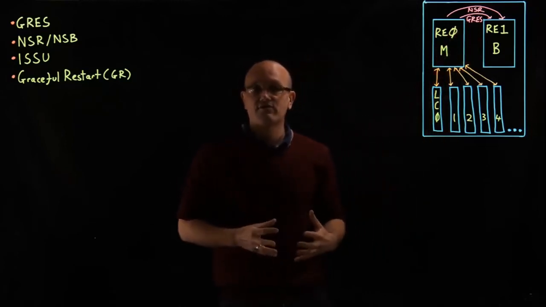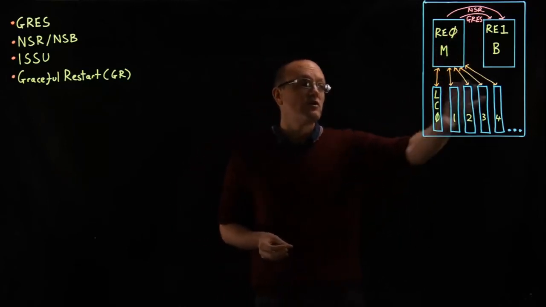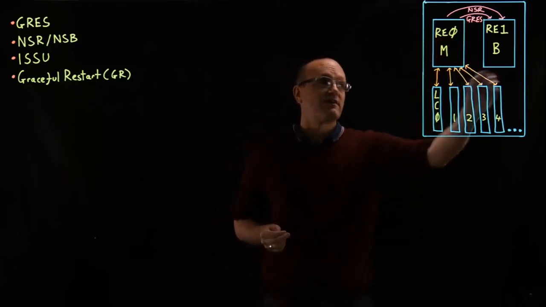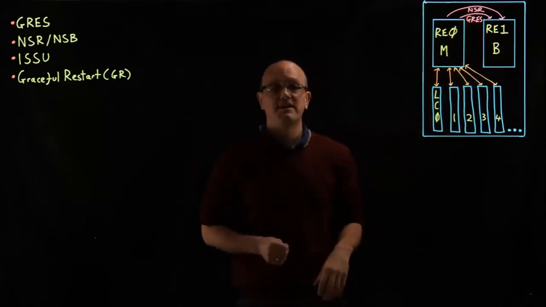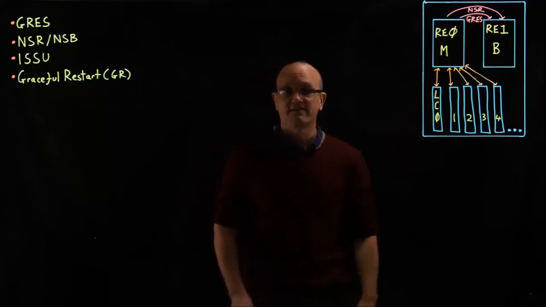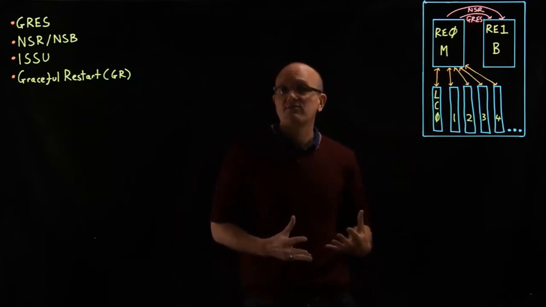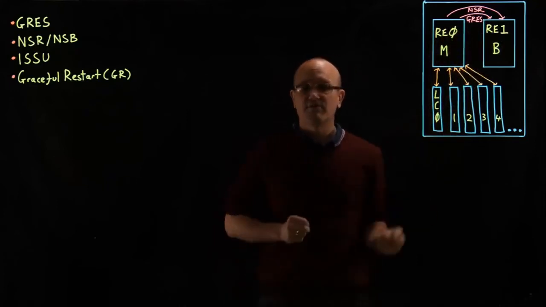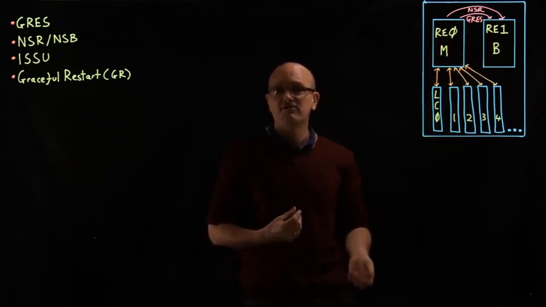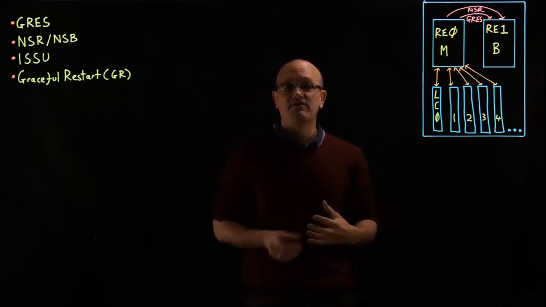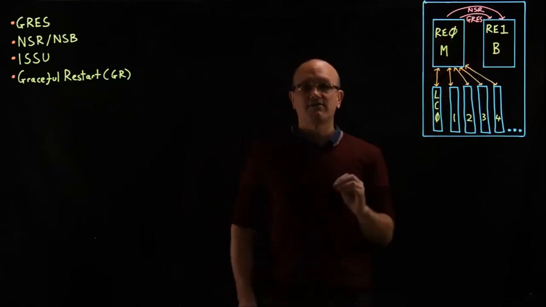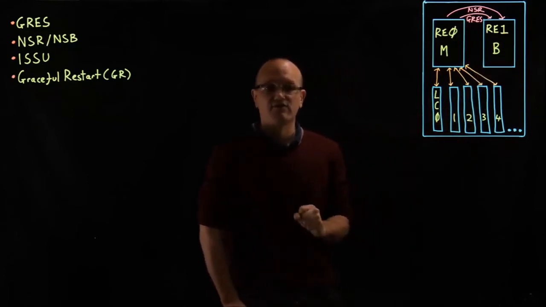We still retain GRES, propagating kernel and interface state from master to backup. And we now have NSR, NSB, propagating control plane state. So your MAC address switching table, all of your routing tables, all of your BGP adjacency information, OSPF adjacency information, etc. All of this information is propagated from master routing engine to backup routing engine.